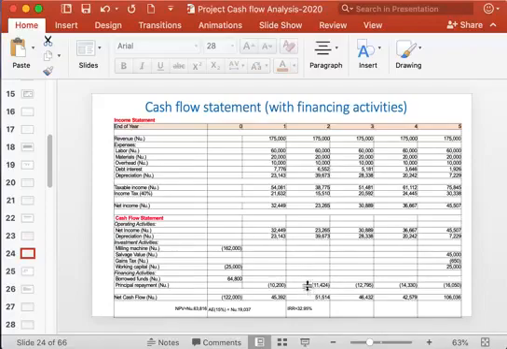So this is the total principal amount repaid in the second year after deducting the interest amount.